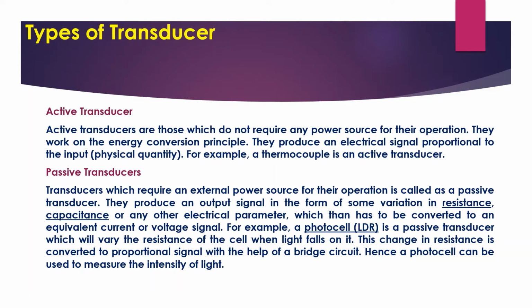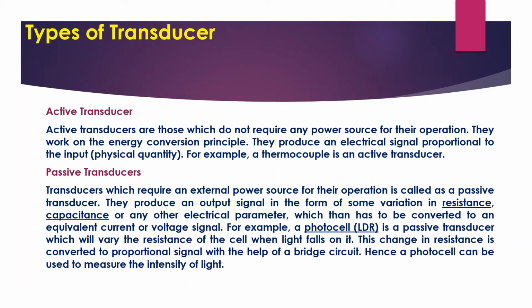That means the resistor, capacitor or inductor will be connected in a circuit. As resistance changes, the electrical parameter of the circuit will change, and that will be nothing but a change in current or voltage or frequency, corresponding to the change in the non-electrical quantity. So that is the basic idea behind a passive transducer.